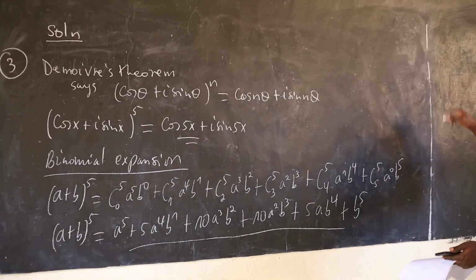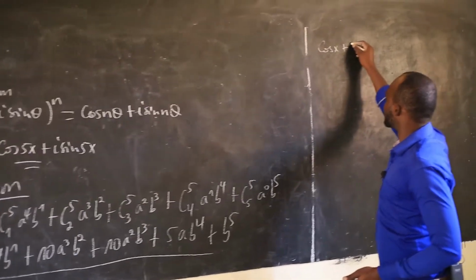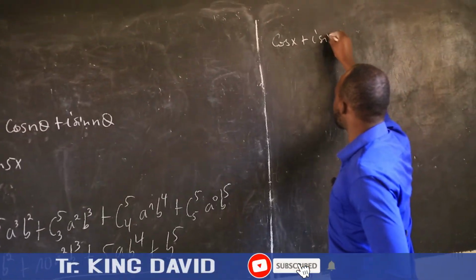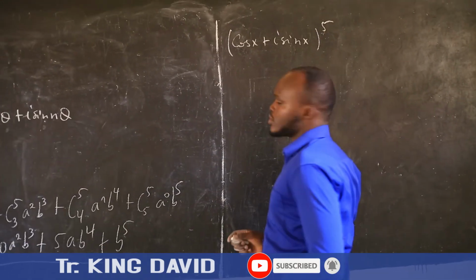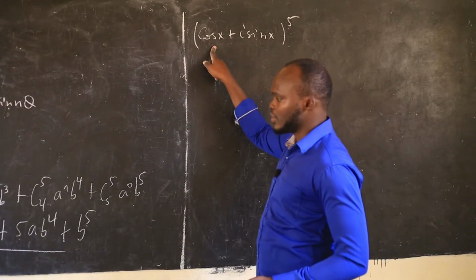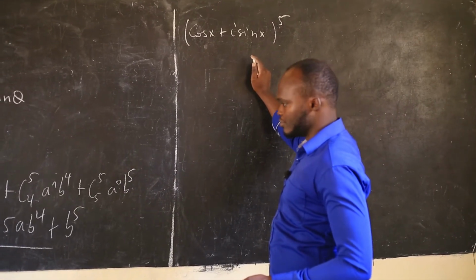So what about (cos x plus i sin x) power 5? It means that cos x is going to act as a, i sin x is going to act as b.